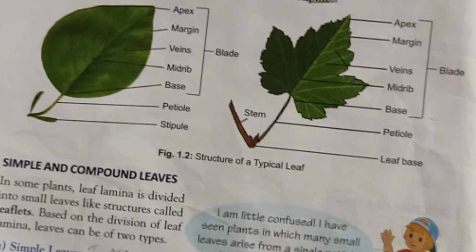Then comes petiole and stipule. Then in another type of leaf, you can also mark the same thing, that is the apex, margin, veins, midrib, base. These are all called the blade. Then comes the petiole and then comes the leaf base. This is the structure of a typical leaf.